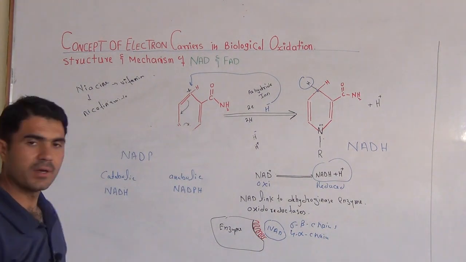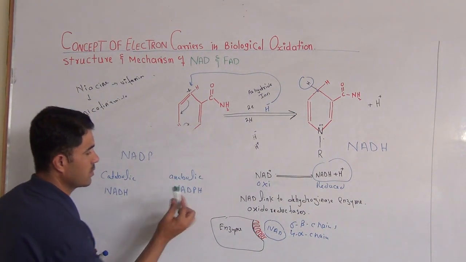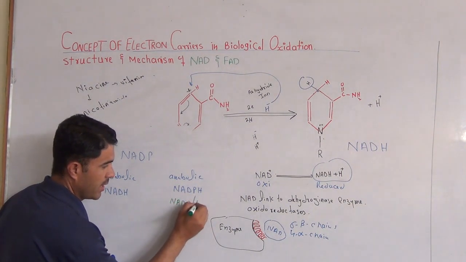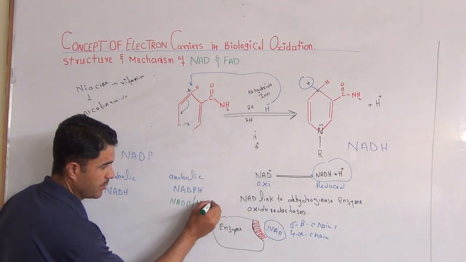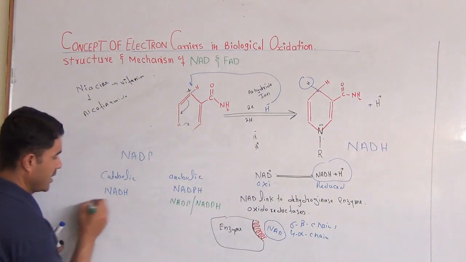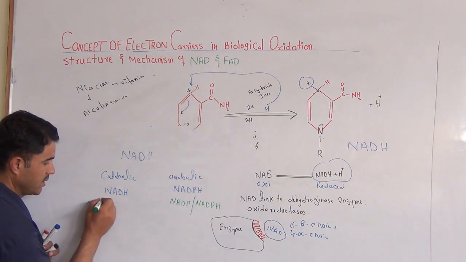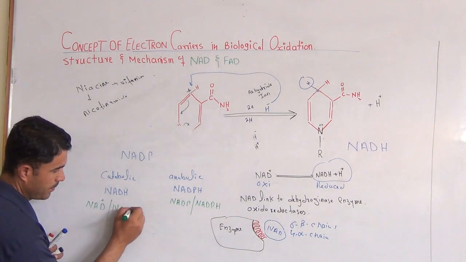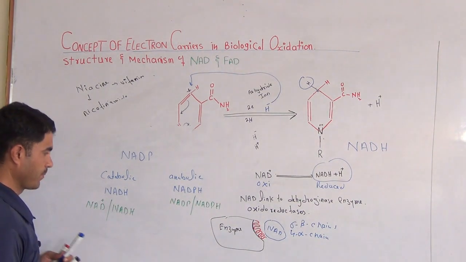And there is one thing more, the ratio. Here it has NADP oxidized form and NADPH the reduced form. It has NAD positive charge oxidized form, NADH the reduced form.